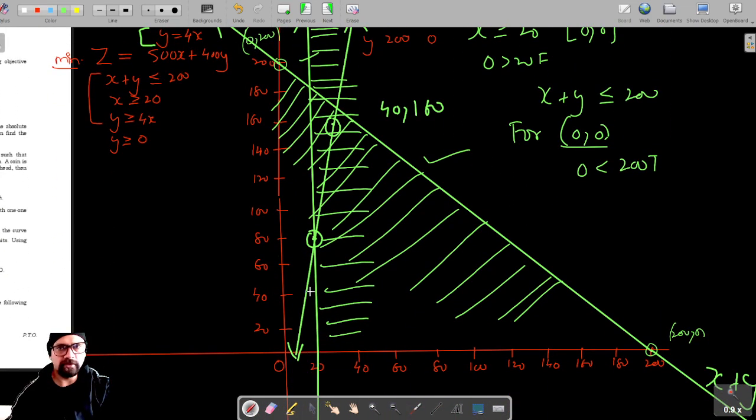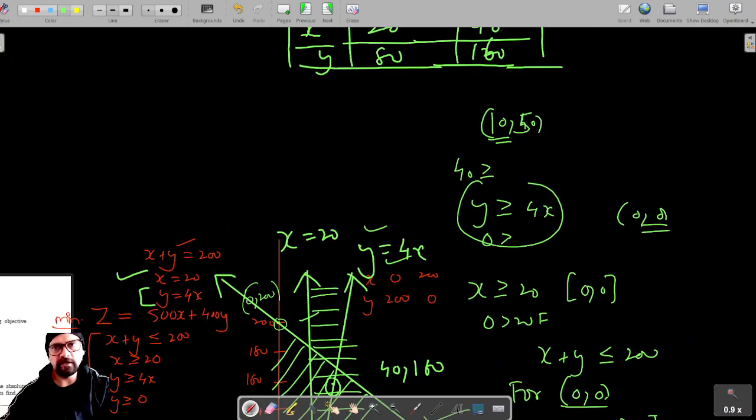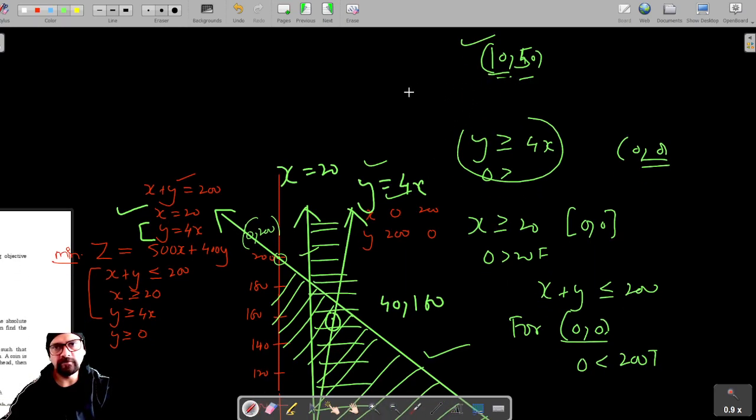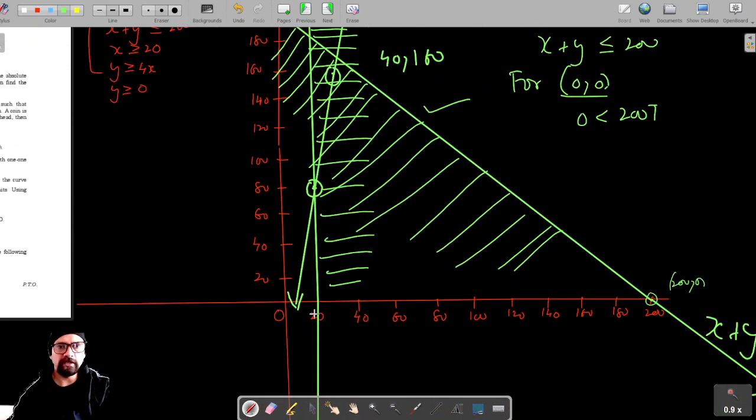Let's get some other point. Let's say 10 and 50. So I'm going to check this equation for 10, 50. So y is 50. So 50 is greater than or equal to 4 into 10, which is 40, which is true. So 10 and 50 lies in this region.